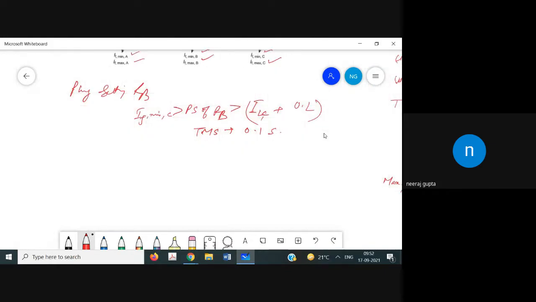And the plug setting of RA should be less than the minimum fault current at C, that is this one, and it should be greater than the load current of B plus the load current of C plus overload.